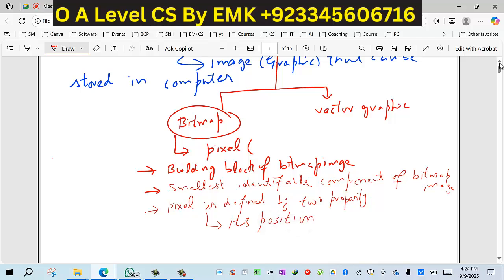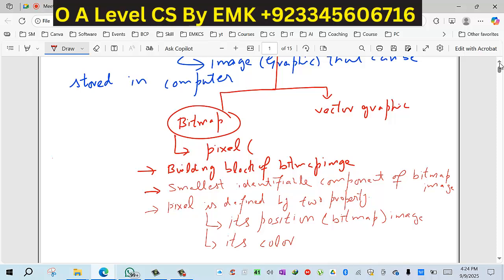Its position, डेफिनेटली बिटमैप इमेज के अंदर. Its position in bitmap image. और सेकंड क्या होता है? Its color, कि पिक्सल हमारे पास डिफरेंट कलर्स के होते हैं. सो सेकंड प्रॉपर्टी पिक्सल की होगी its color, वो किस कलर का आपका पिक्सल है.